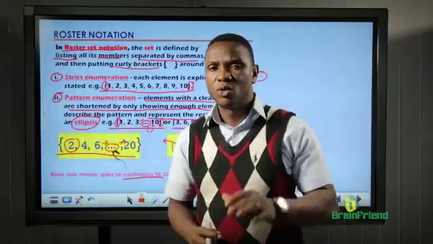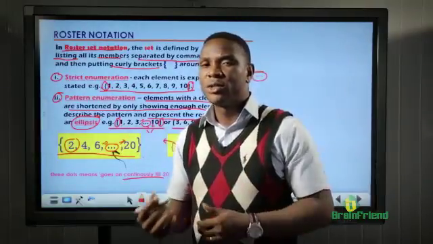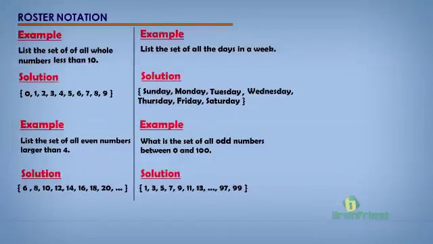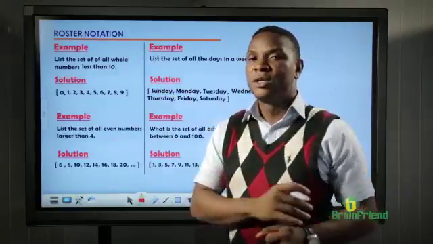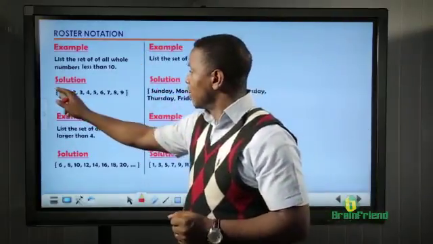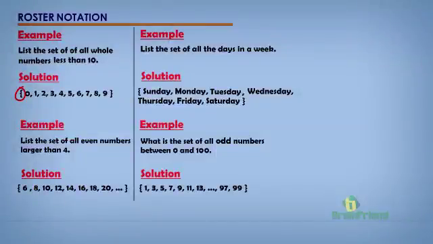Let's take some examples so we'll clearly understand how the roster notation is used in sets. Let's take this example. List the set of all whole numbers less than 10. Using the strict enumeration method, we would simply write our curly brackets and then list out our numbers 0, 1, 2, 3, 4, 5, 6, up onto 9.